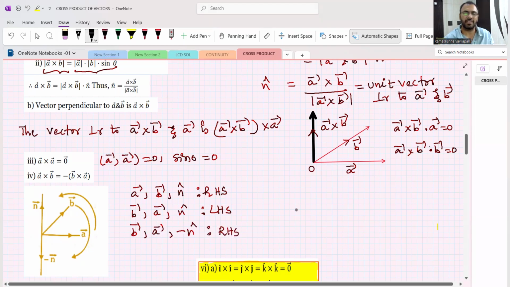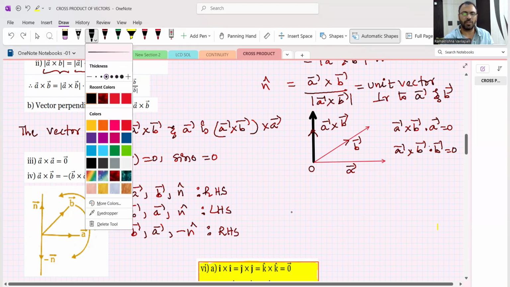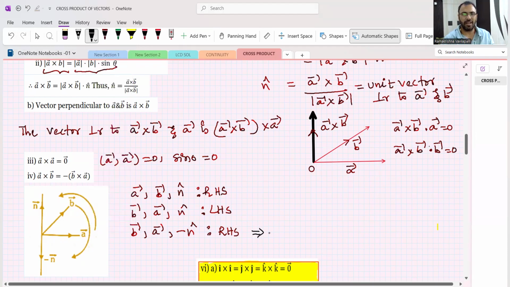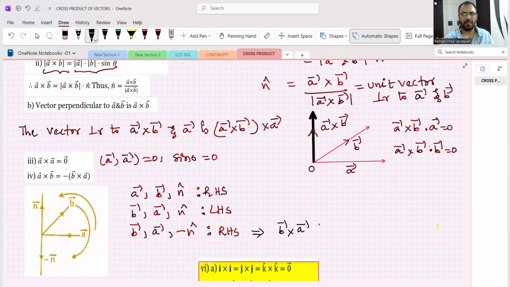So now it is very simple. Now apply the cross product for this RHS: B bar, A bar, minus N cap. So this implies B bar cross A bar is equal to mod B mod A sin theta into minus N cap.